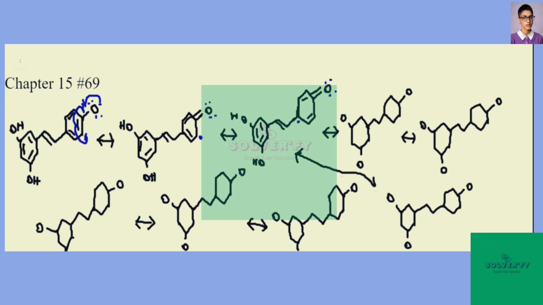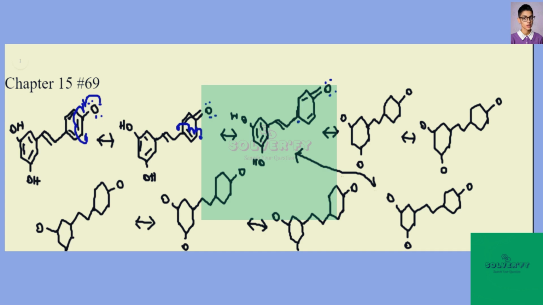To get to here, it would look like this. One electron from there and the free radical come together to make the new bond, and the other electron goes there. Okay, so from this third structure here, we can go one of 2 ways.